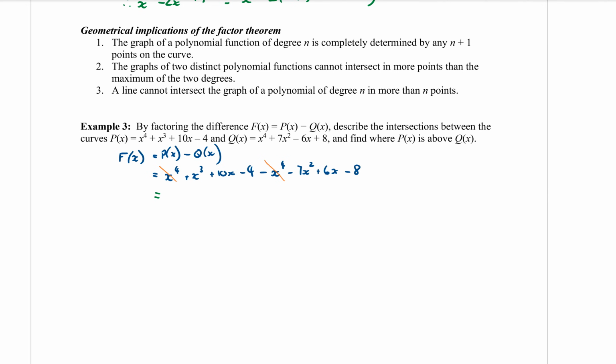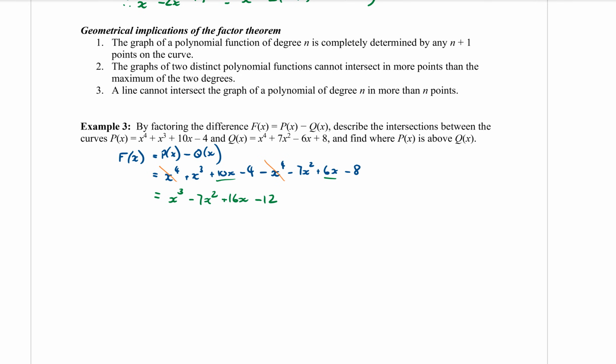But I've got x cubed, and there's a minus 7x squared. Then the x's: I've got 10 plus 6 makes 16x, and minus 4 minus 8 makes minus 12 for the constant.